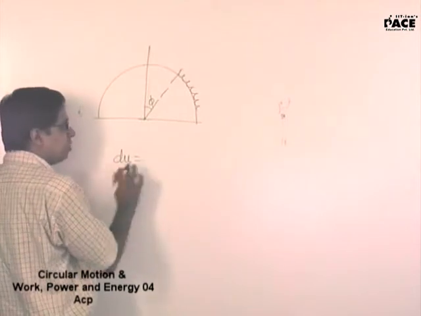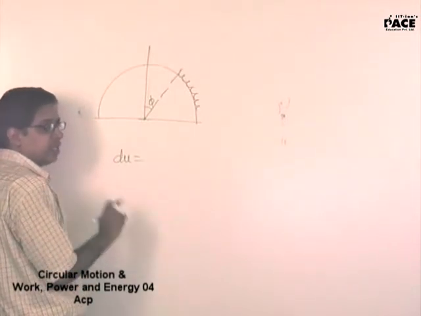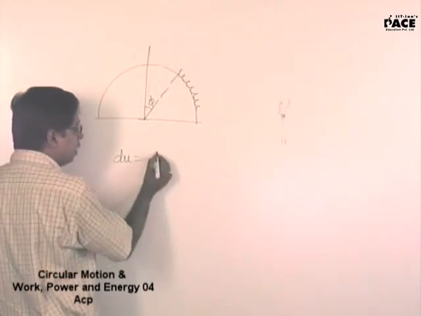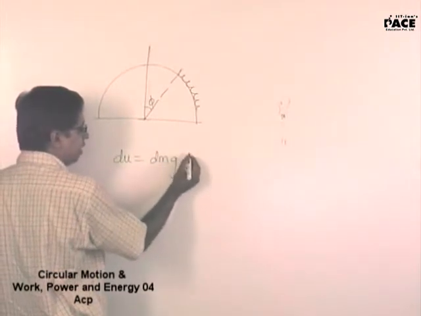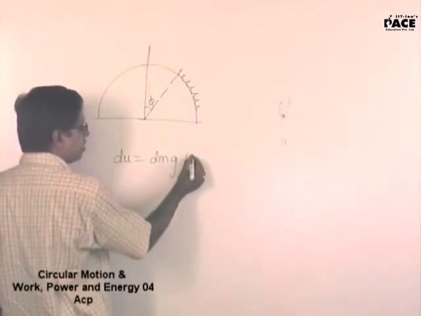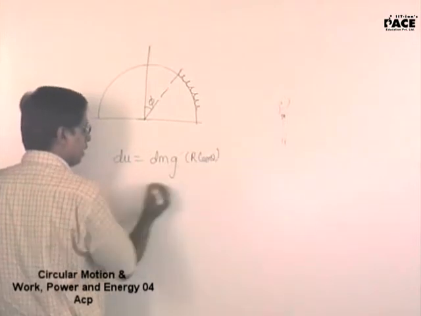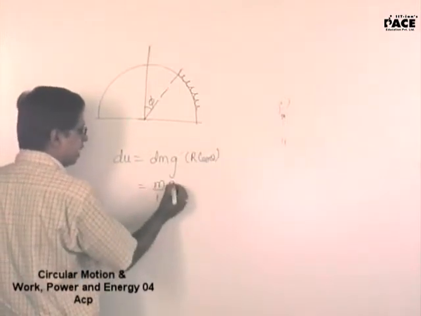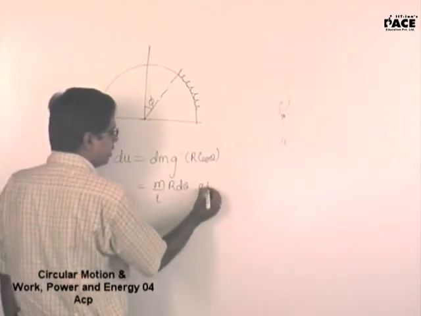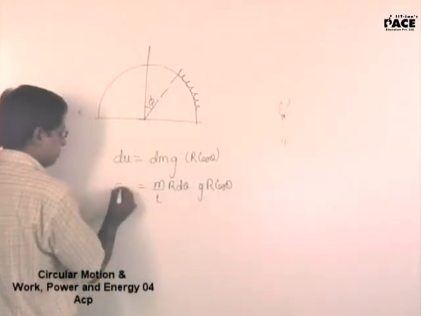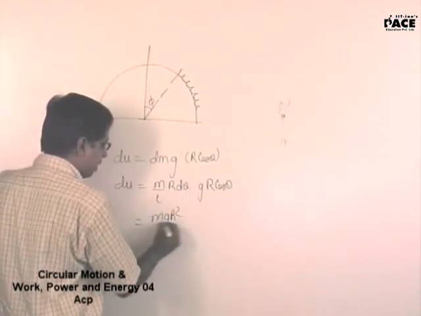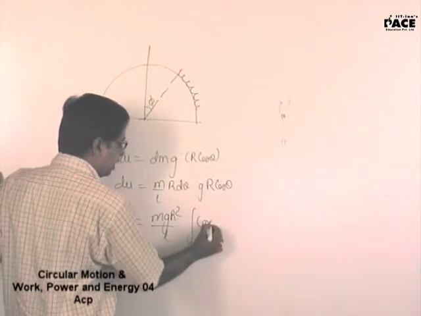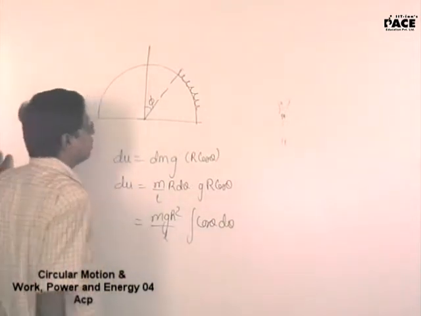The expression will be the same except for the fact that the limits will change. dU will be dm g h, h will be r cos theta, and dm was mass per unit length into r d theta, so mg r square by L integral cos theta d theta.